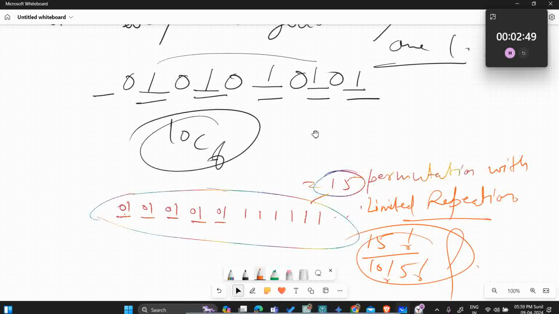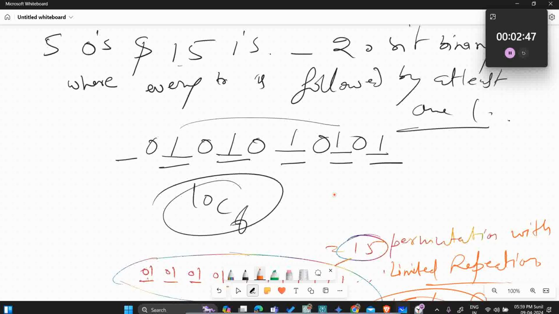Right. What was wrong with that process? I am thinking. We have zeros, 0, 0, 0, 0, 0, like that, and we put ones like that. How many places do we require? 1, 2, 3, 4, 5, and 6. These 6 places are there. But we have 10 ones, right?